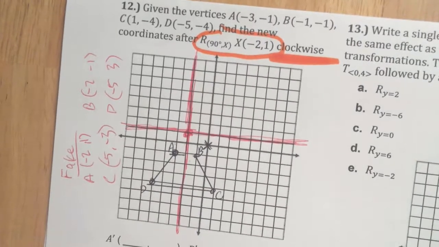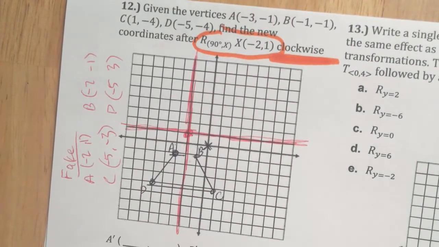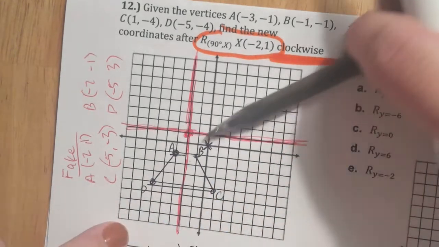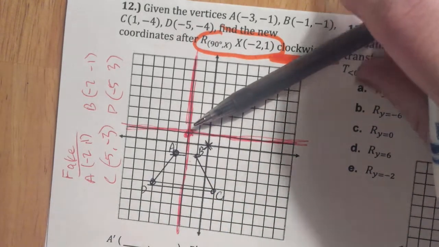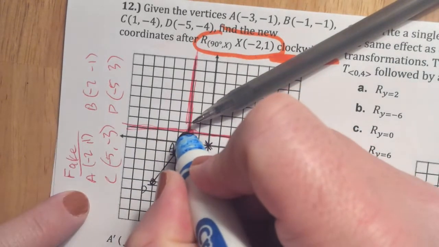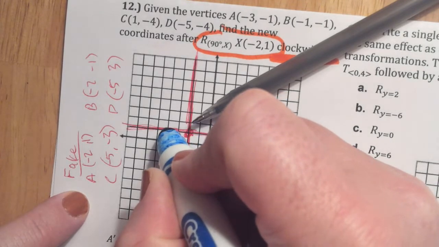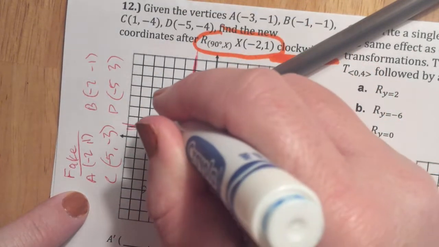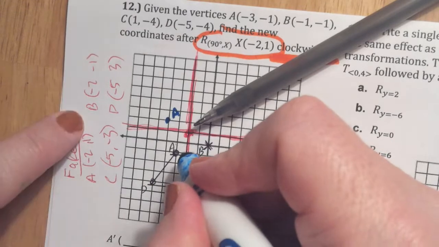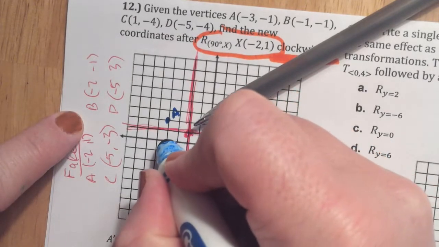Okay, turn it back to normal. We're going to have to plot our fake coordinates. So from our fake 0, 0, A is at negative 2, positive 1. And that's my A. Okay, B is at negative 2, negative 1.